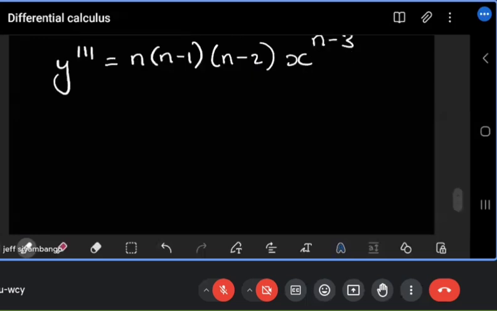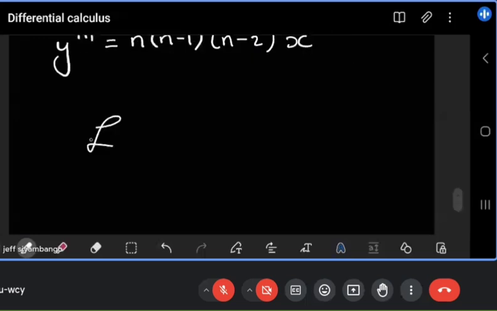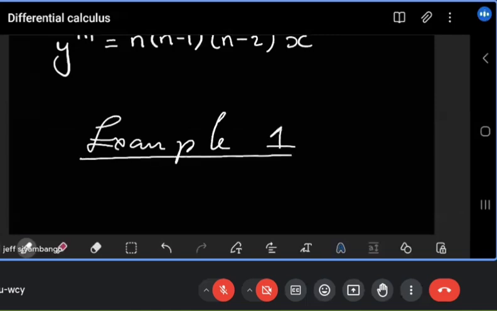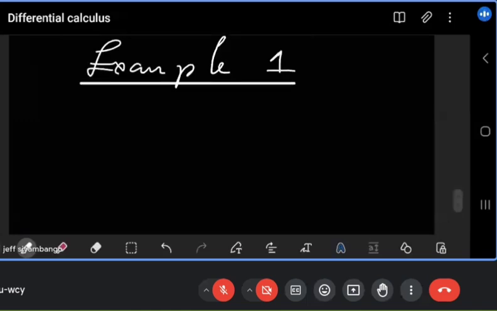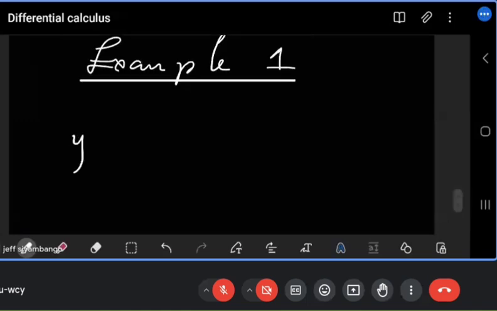Let me give you an example, since that was just a general case. By the way, all the methods of differentiation we have looked at so far can be used to differentiate these expressions. So even the quotient rule is fair game here, and even the product rule is okay. We won't only be dealing with powers. But for starters, we have the simple ones.